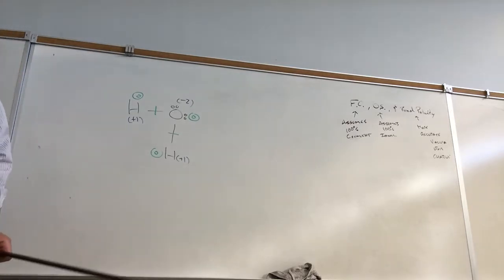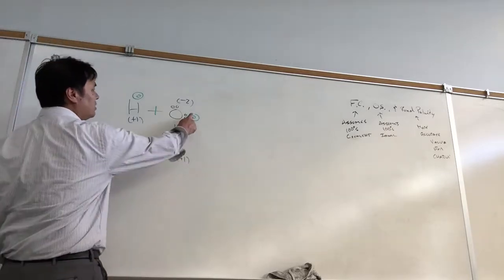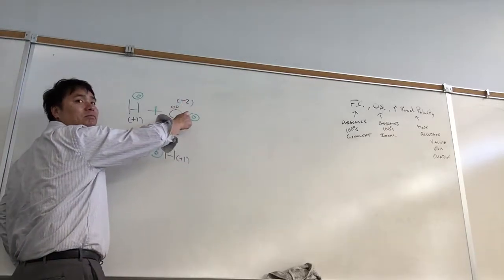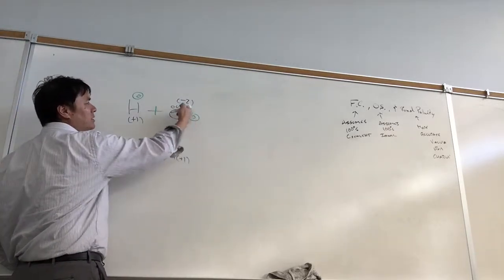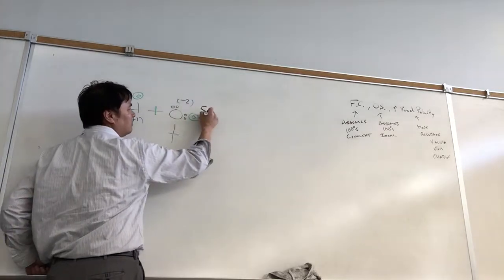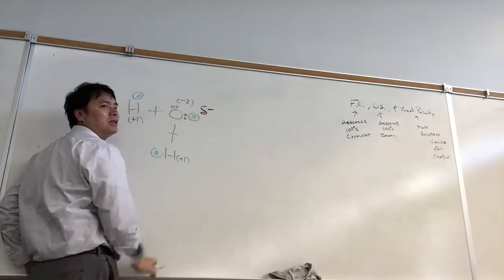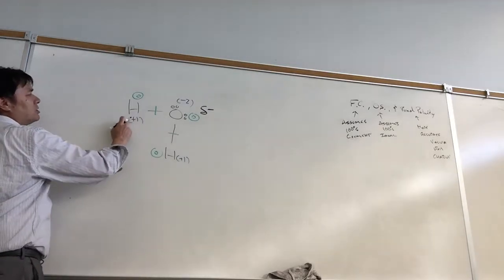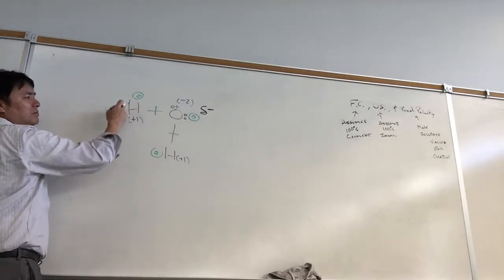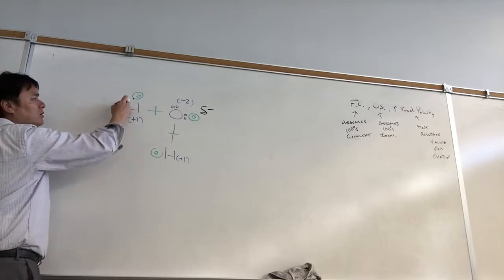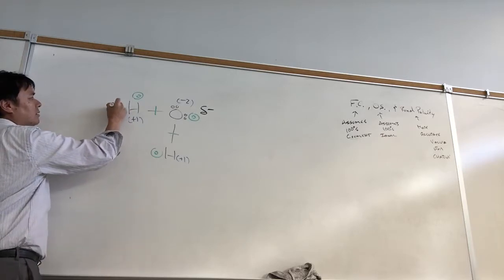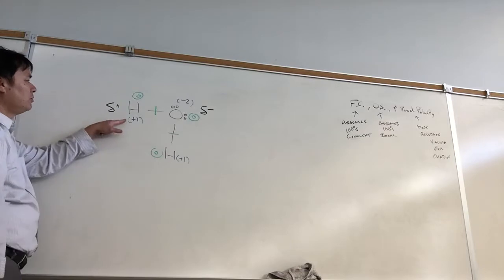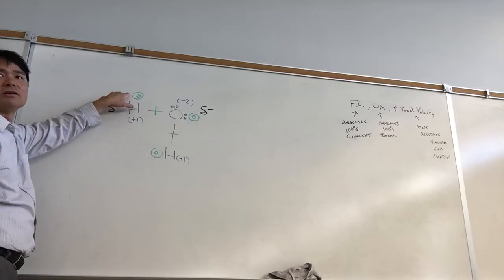What would be more accurate? What would be more accurate would be that the charge is somewhere between 0 and -2. If the charge is somewhere between 0 and -2, then it's got some kind of partial negative charge, delta minus, right? And over here, the hydrogen's charge is going to be from 0 to +1. It's somewhere in between there. In between 0 and +1, we'll just call it delta plus. It's not quite a full positive charge, but it's not 0 either.